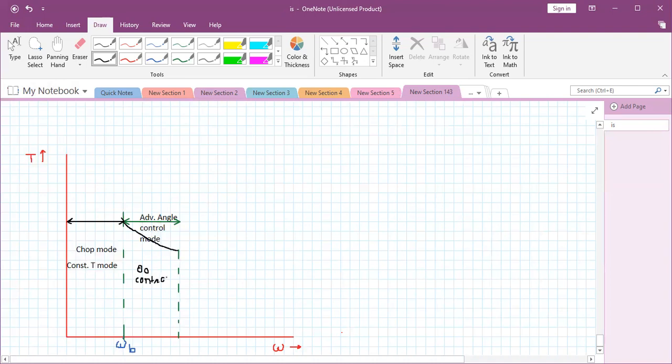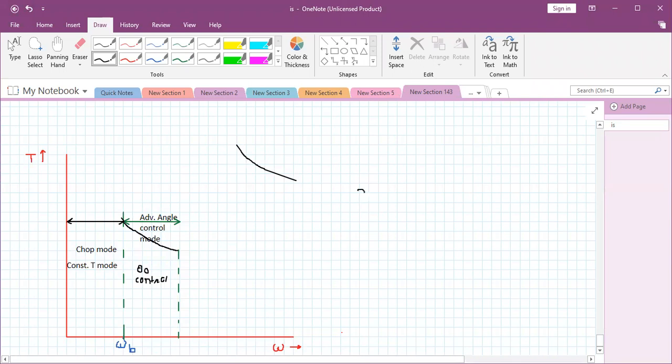Why is it called constant power mode? Here you can see why I have drawn the shape like this. Can anybody tell me why I have drawn the shape like this in this particular mode? Because we want to control the power constant. Power is equal to T into omega.